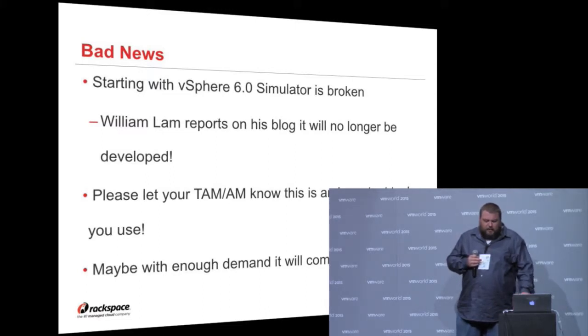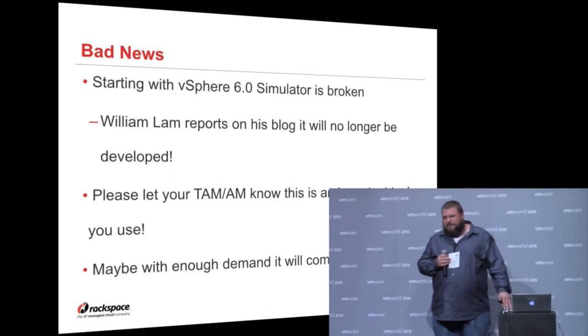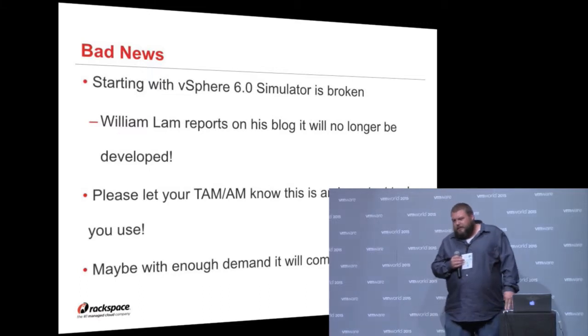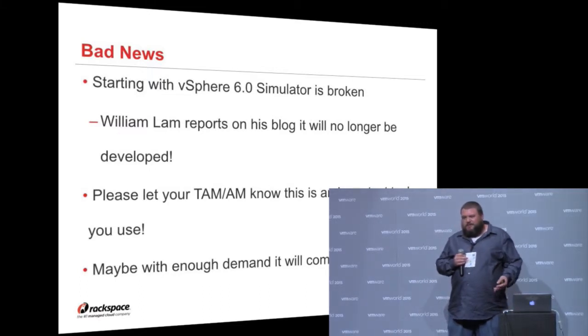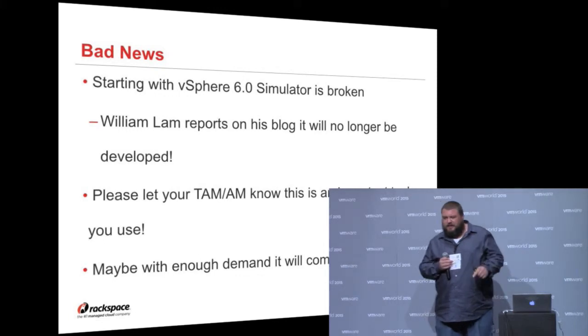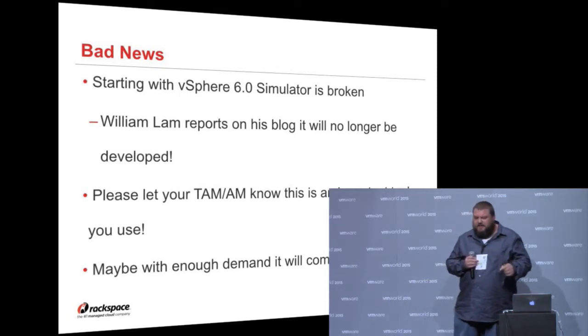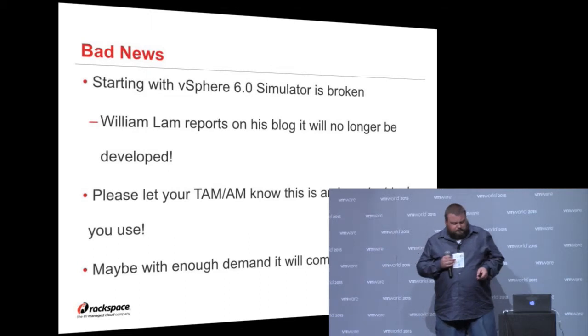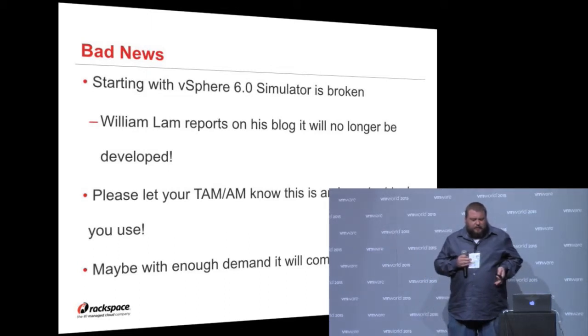And I'm really hoping that VMware will step up and fix this. But William Lam posted on his blog that they're not going to. But I think if we all rally together and say, hey, we need this, fix it, maybe they'll fix it. Maybe they'll make it a fling, I don't know. Anything we can do to get this project brought back. I'd really like to see that come back.